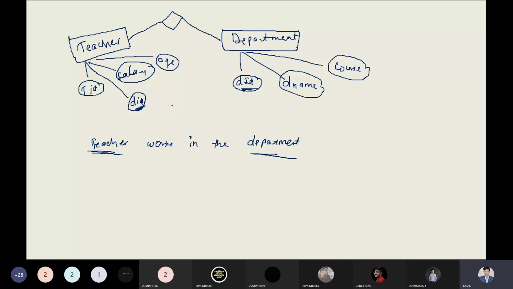This relationship name can be works or belongs to the department. You can give the name of this relationship. This works is identified with the help of one common attribute, the department ID, by which we can easily identify the relationship between the two different entities. Okay, so now clear?